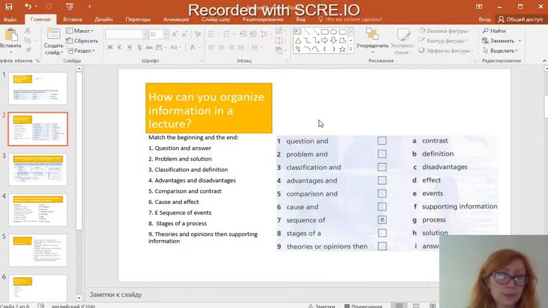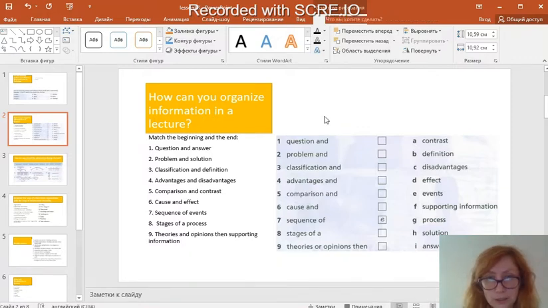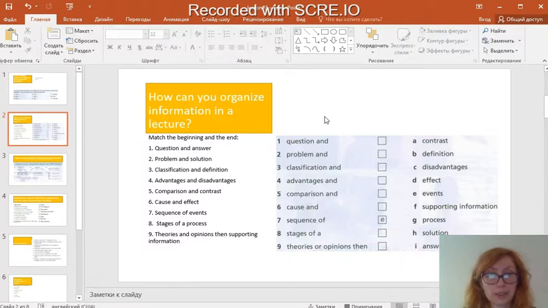Well, so different lectures are organized in one of these ways. Not only lectures, different sorts of information, if they are not chaotic but have got some sort of logic, are organized in one of these ways.